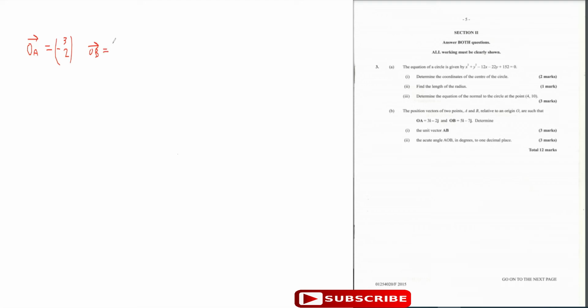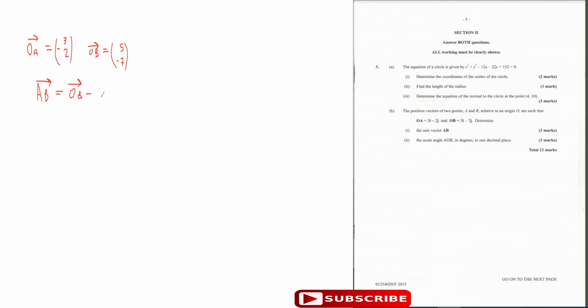So I'm rewriting it from the ij form into the vector form. That's what we're used to. Then they ask us for vector AB. Vector AB is vector of the last minus vector of the first. So vector AB, as we know it, is vector OB minus vector OA.